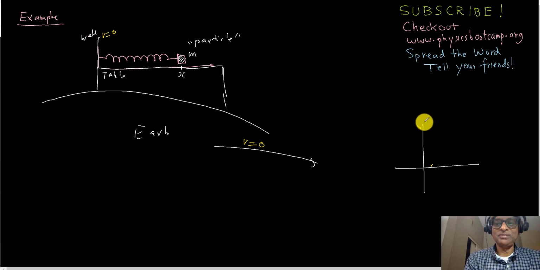So this is the absolute rest frame, and so this is v equal to 0.